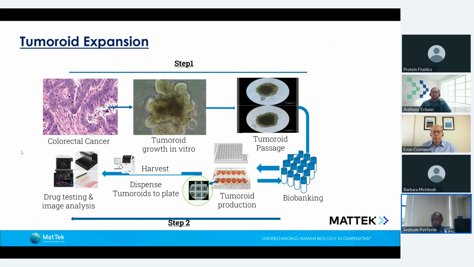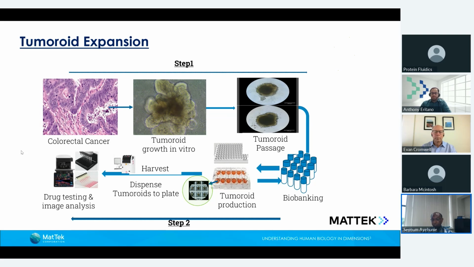So what it means is, if we have 20,000 from one vial, then we have millions of organoids that we can work with from one 4-millimeter biopsy punch of the tumor, which is a huge endeavor in this aspect.